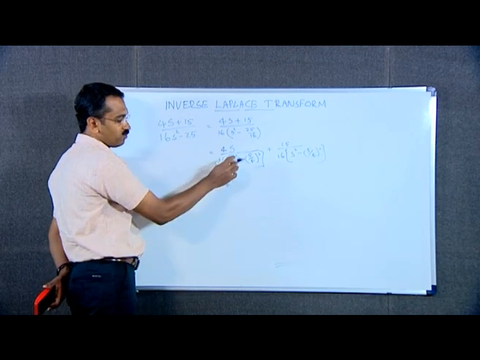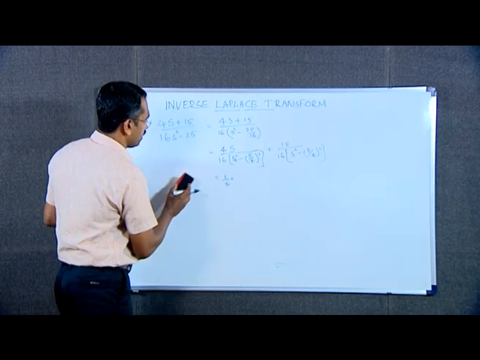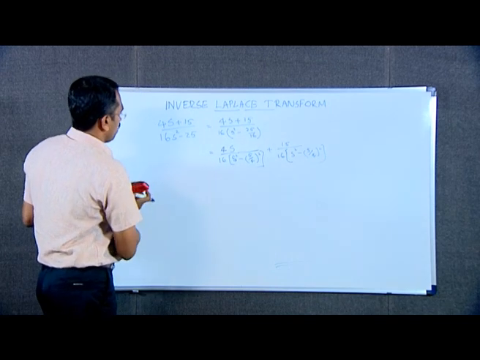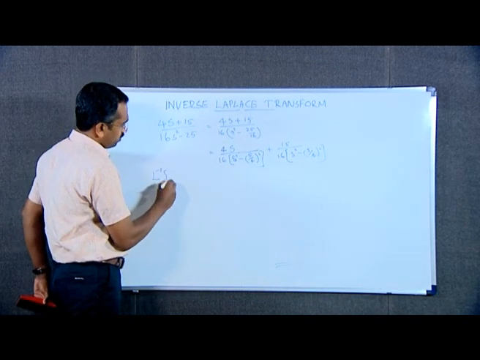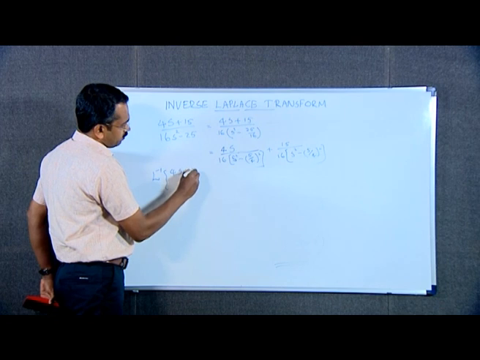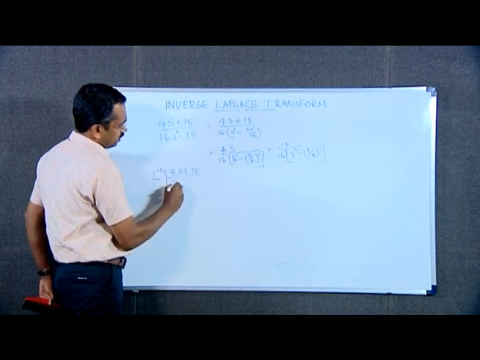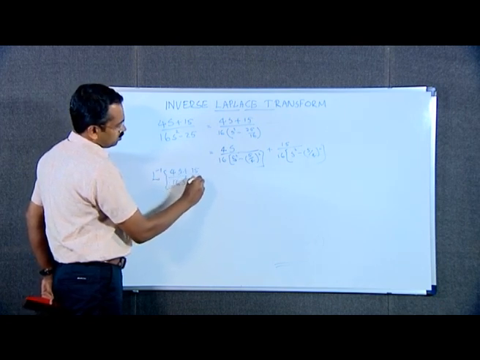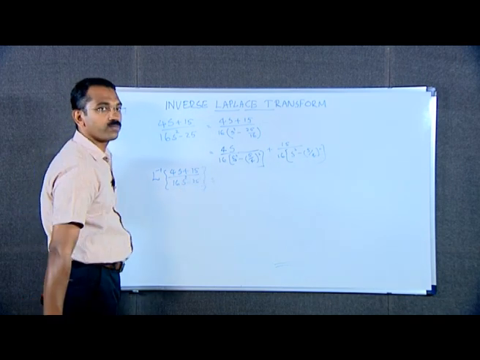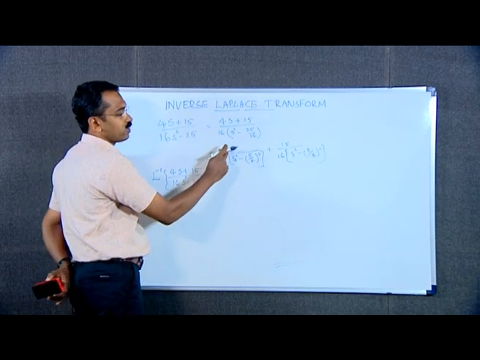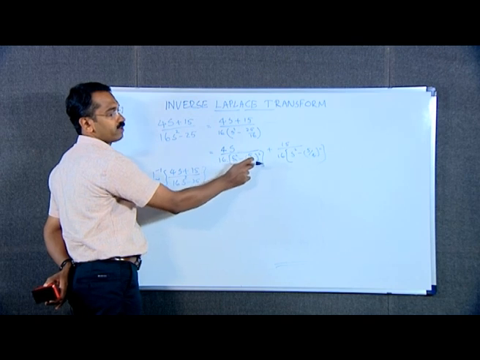If we apply the inverses, we have to write this as L inverse of 4s plus 15 divided by 16 s square minus 25 is equal to 4 by 16 into L inverse of s by s square minus 5 by 4 the whole square.